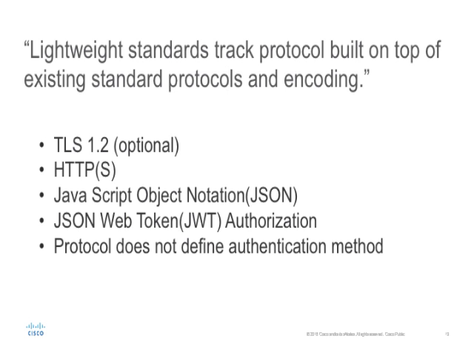We also wanted to provide some authorization using a JSON web token in order to help the server stay stateless. And again, similar to TLS 1.2 being optional, we don't define the authentication. The deployment is going to define the authentication used.